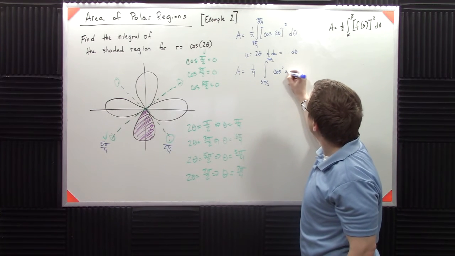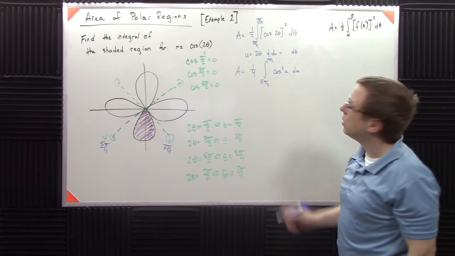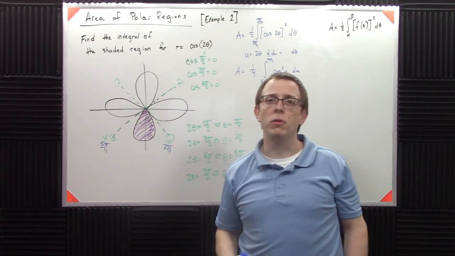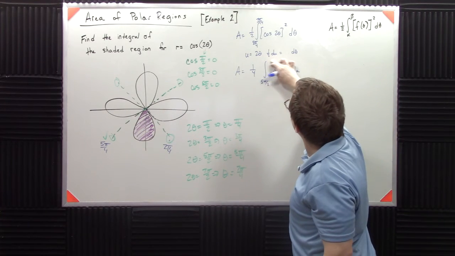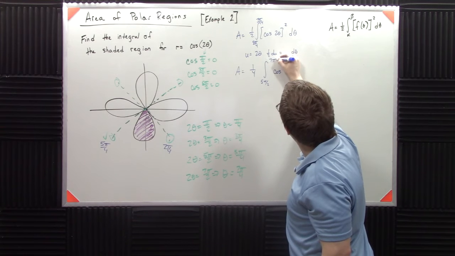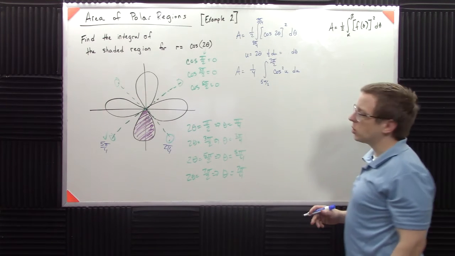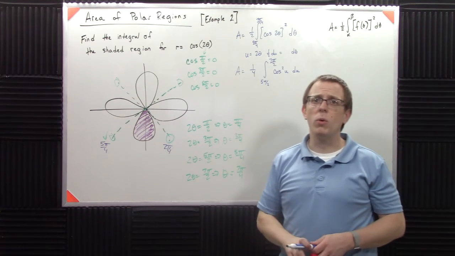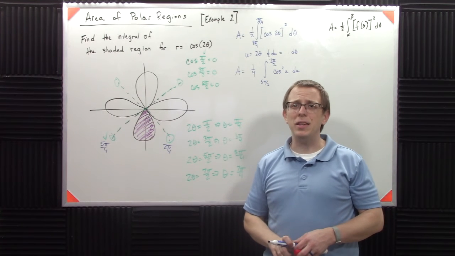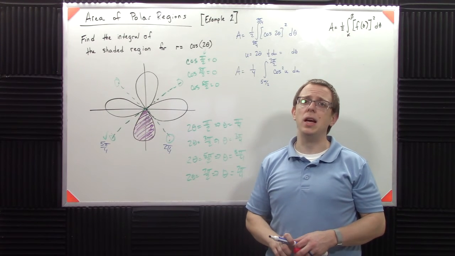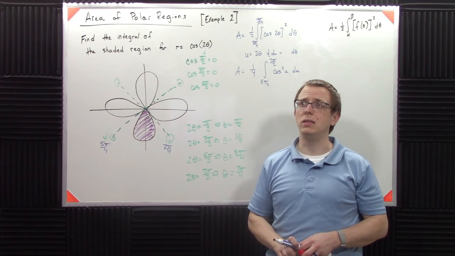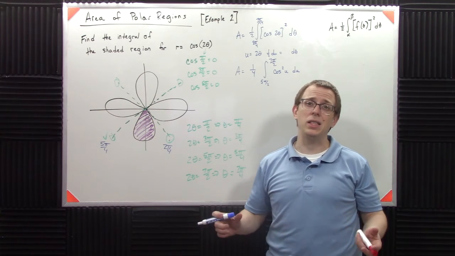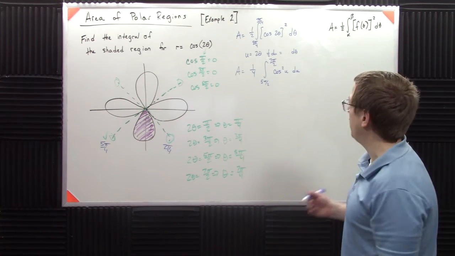Cosine squared u du, from 5 pi over 2 to 7 pi over 2. Why do I want to do this? Well, because I'm about to have to do a double angle identity, and I'd rather not double it again. I guess it's not that big a deal, but it is to me.